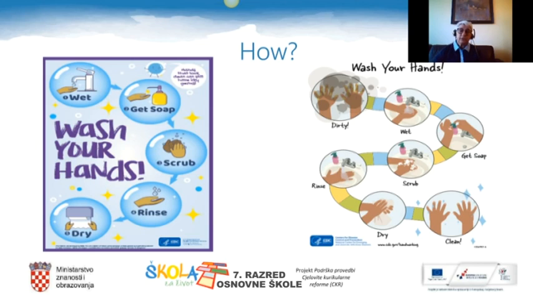Wet? Get soap. Scrub. Rinse, dry, and they're clean. That's a bit simplified. You can decide which of the posters can help you better to learn how to describe in English what you do.